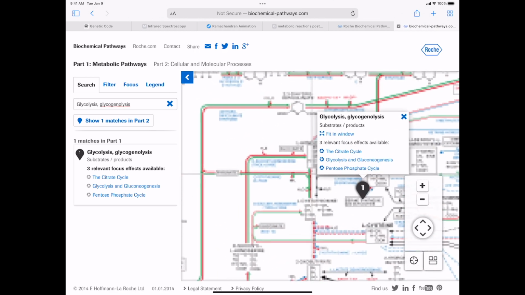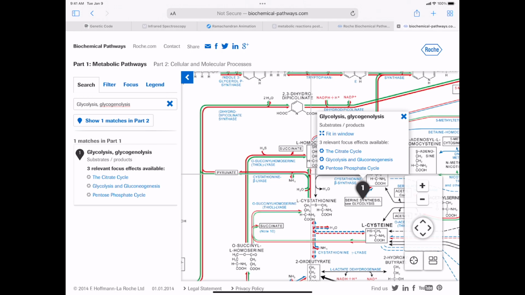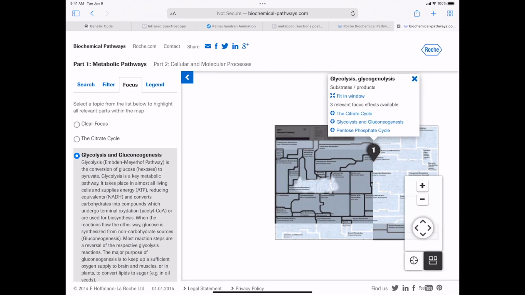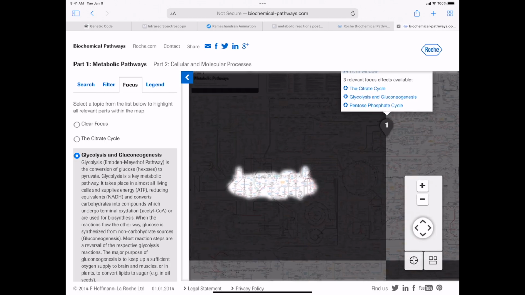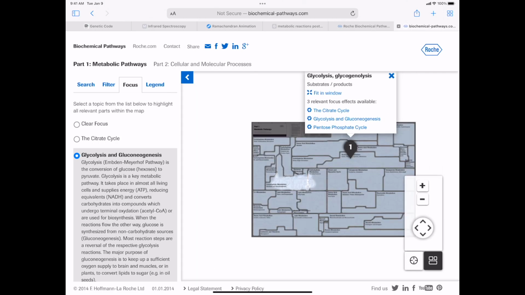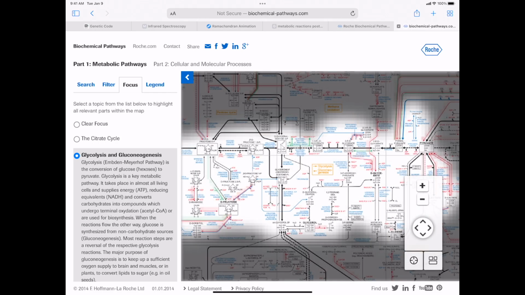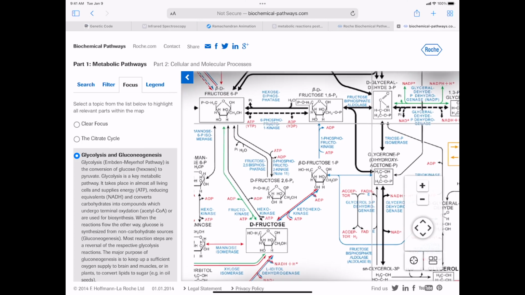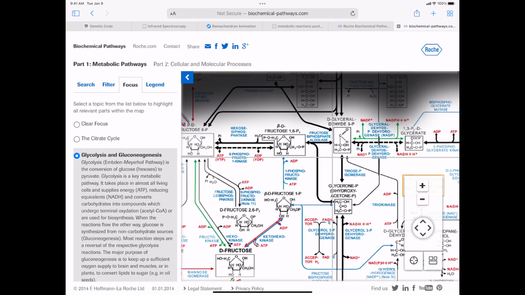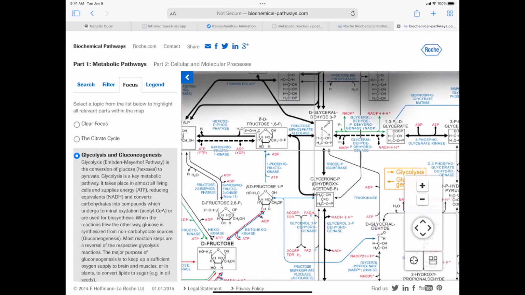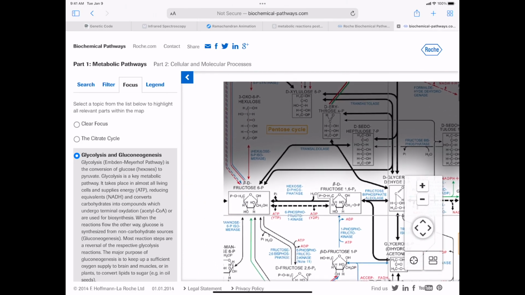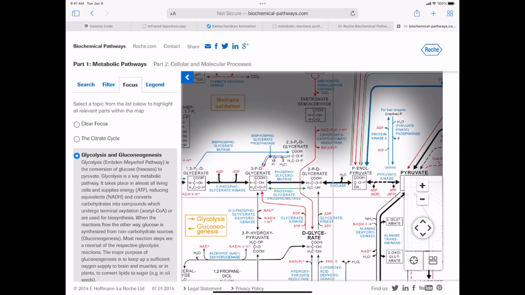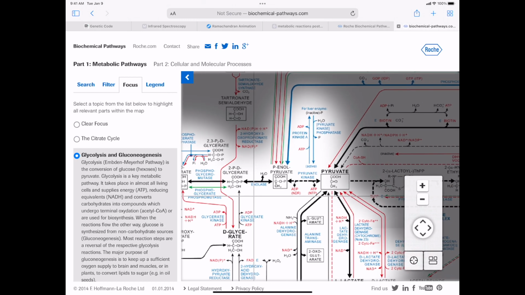Okay, yeah, so out of that great big, huge, horrible thing of metabolic reactions, we just did that small portion. So let's see. Fructose 1,6-bisphosphate, glyceraldehyde, 3-phosphoglycerate, phosphoenolpyruvate, pyruvate.